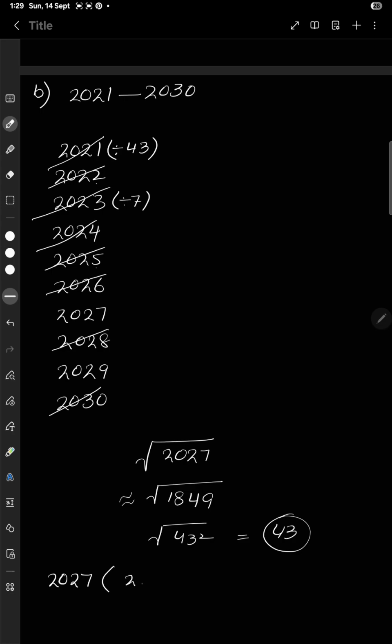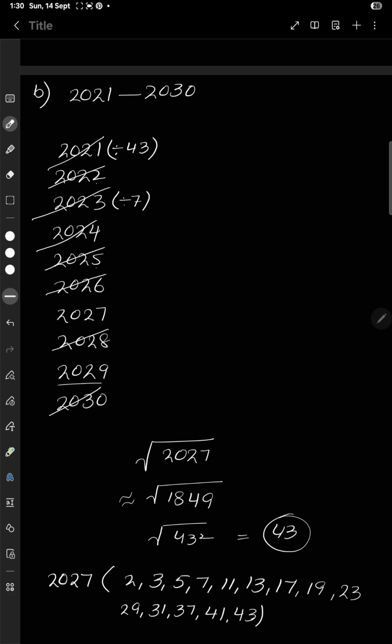Those numbers are 2, 3, 5, 7, 11, 13, 17, 19, 23, 29, 31, 37, and 41. I will check this number up to 43, right? When I divide 2027 by all the prime numbers, I also have one more number left.